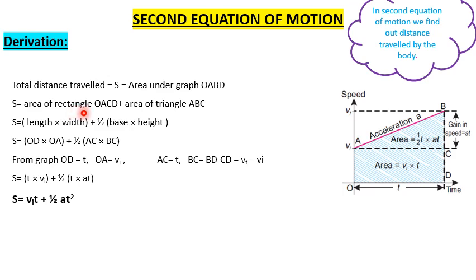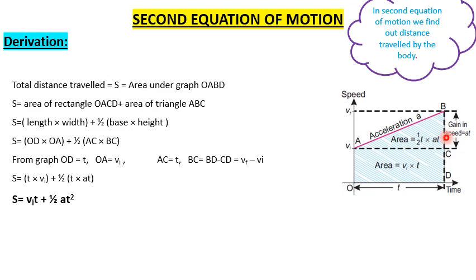Total area of rectangle OACD is length into width, and area of triangle is half into base into height. So in this rectangle, OD is the length and OA is the width, and in this triangle we have AC is the base and BC is the height of this triangle.